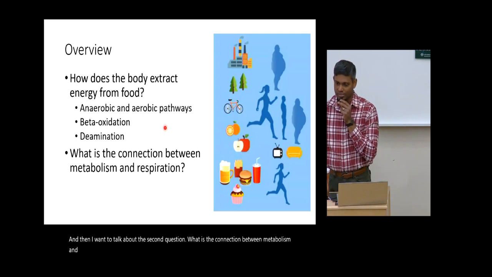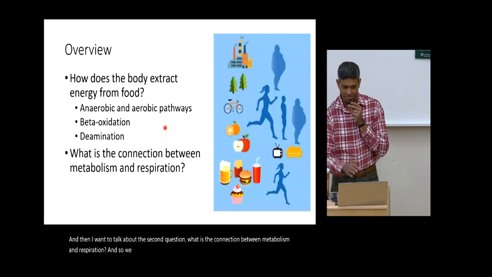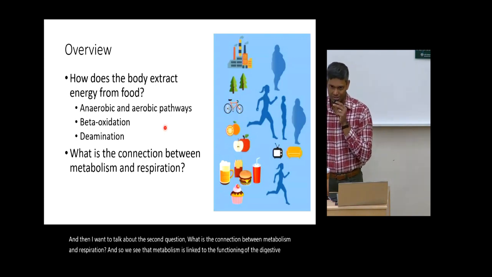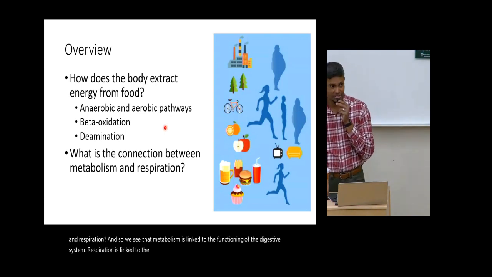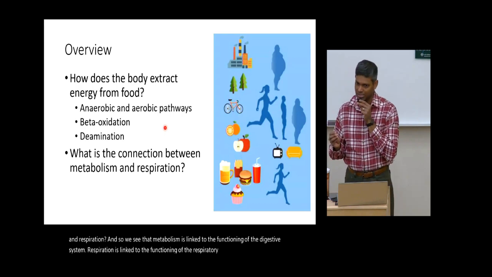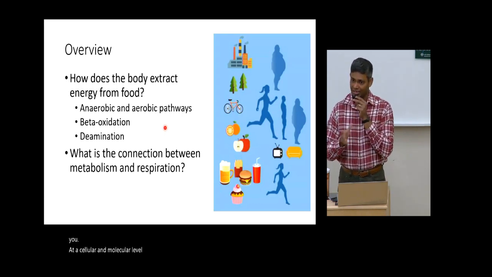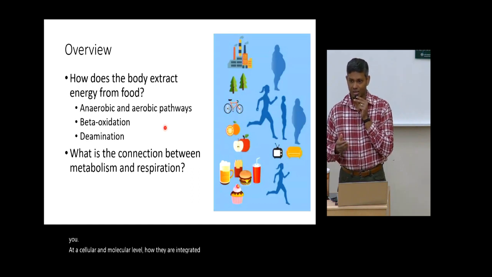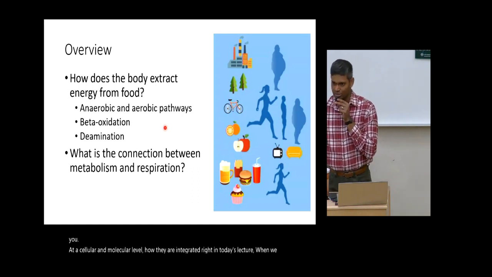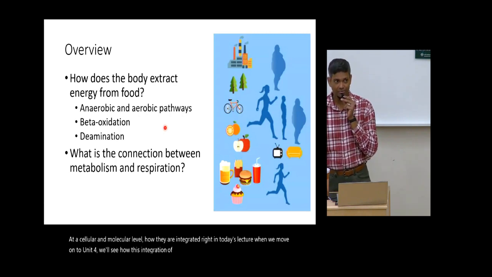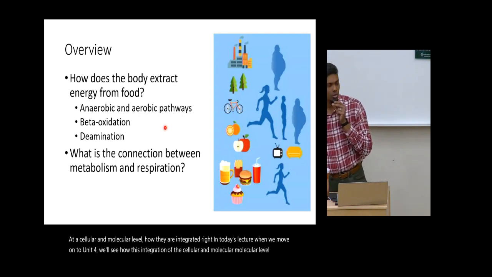Metabolism is linked to the functioning of the digestive system, respiration is linked to the functioning of the respiratory system, but my goal is to tell you at a cellular and molecular level how they are integrated in today's lecture. When we move on to unit 4, we'll see how this integration translates to the whole organ system.